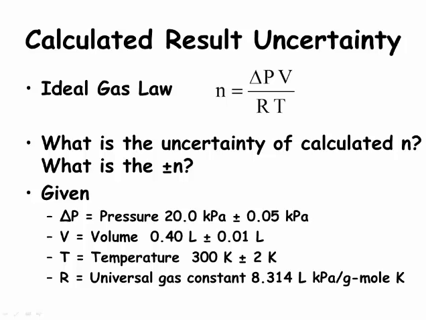The container volume V is 0.40 liters plus or minus 0.01 liters. The absolute temperature T is 300 degrees Kelvin plus or minus 2 degrees Kelvin. R, the universal gas law constant with the appropriate units, is 8.314 liter kilopascals per gram mole degree Kelvin, and there is no measurement uncertainty.